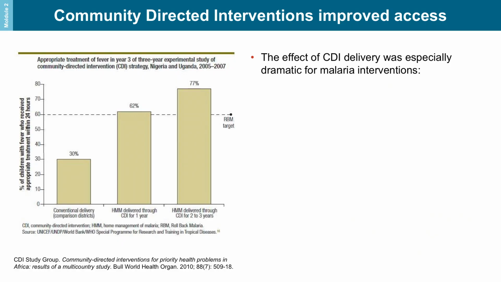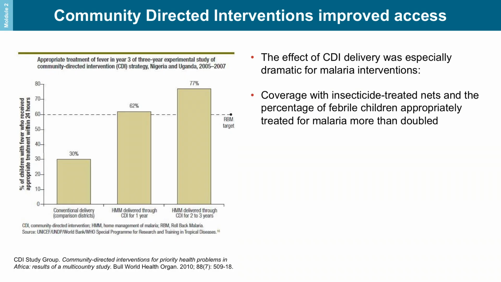As you can see in the slide, the effect of community-directed intervention delivery was especially dramatic for malaria interventions. Coverage with insecticide-treated bed nets and the percentage of children appropriately treated for malaria more than doubled.